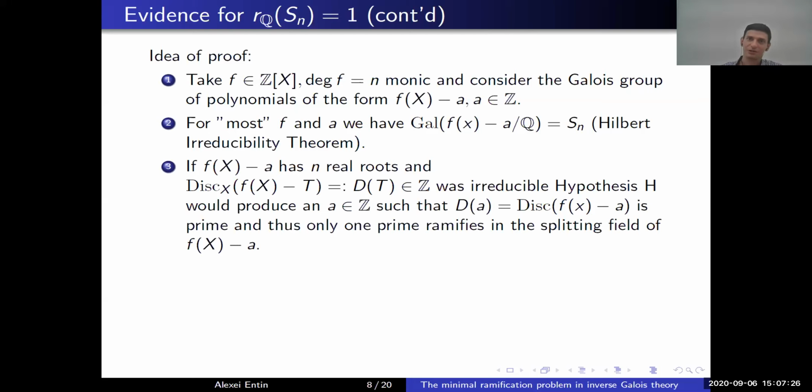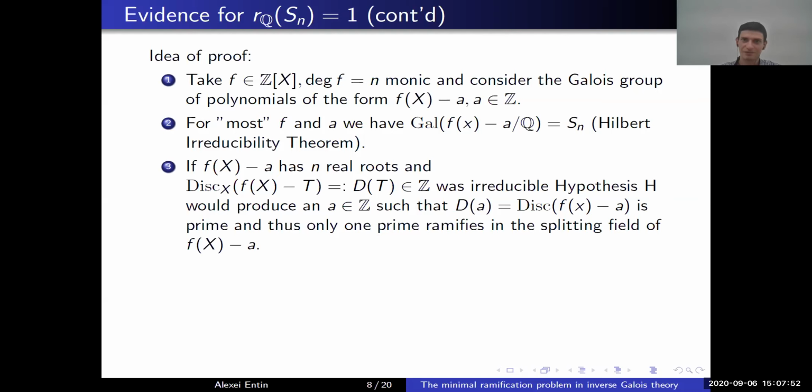And if we assume that also f(x) minus a has n real roots, and additionally that the discriminant of f(x) minus t, with t a parameter, so the discriminant in x is some polynomial in t, is irreducible, then Schinzel's hypothesis says that there would be many values of a such that D(a) would be prime. And this would be the only prime ramifying in the splitting field of f(x) minus a. The prime at infinity would not ramify because of our assumption on the real roots.